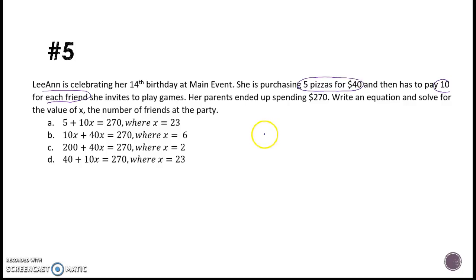So don't let that throw you off. And then $10 for each friend. So 10 each friend. X is the number of friends, it says. And they spent a total of $270. So make sure that you're solving it properly to find the right equation and answer.